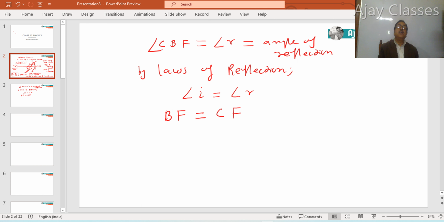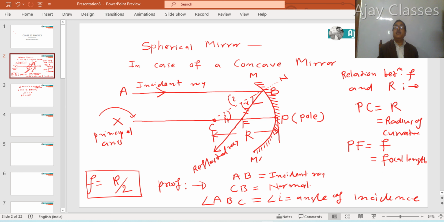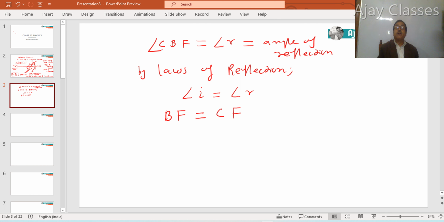So it is seen here that the CF distance and BF distance are equal, and B is taken as any one point where light is incident. It may be near the pole. So the distance of B to F and the distance of P to F are also equal to each other. B to F is very close to the pole, so it is also equal to P to F.